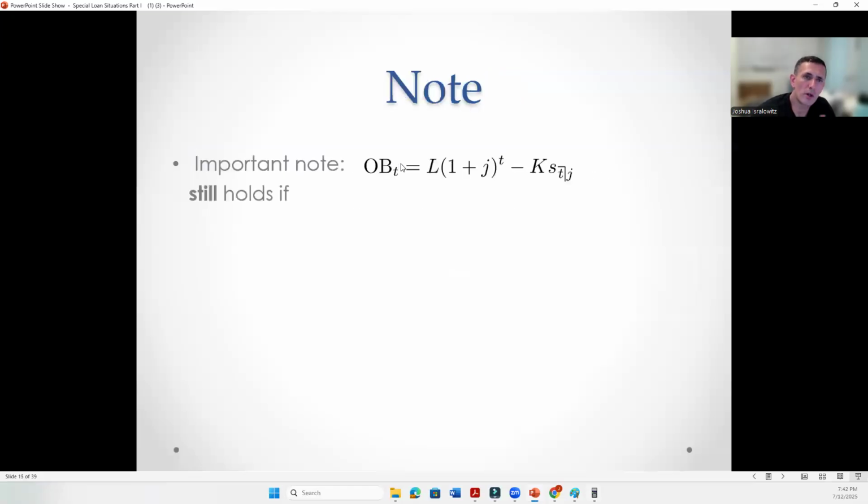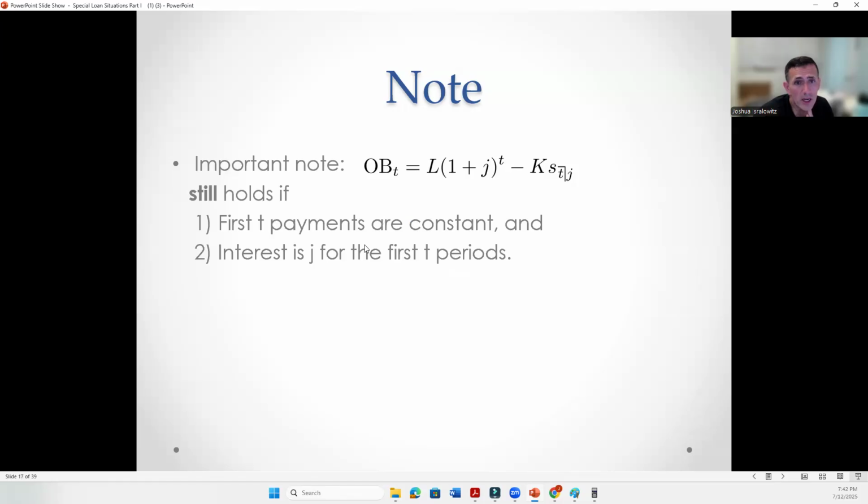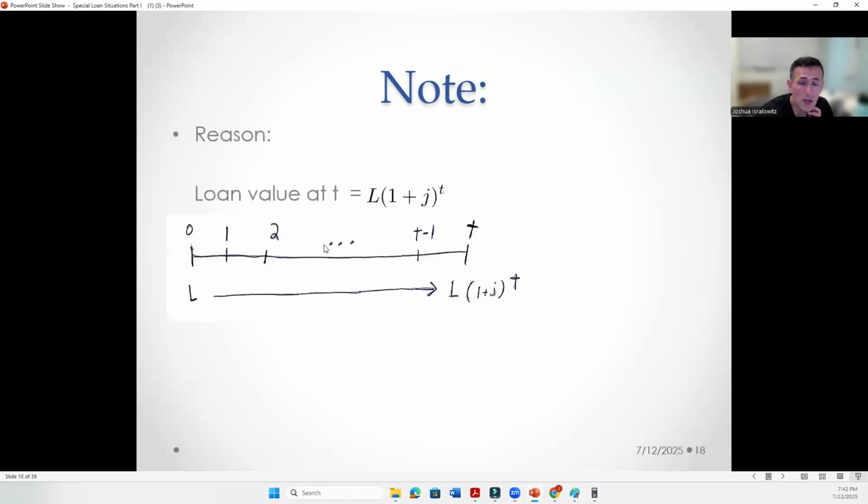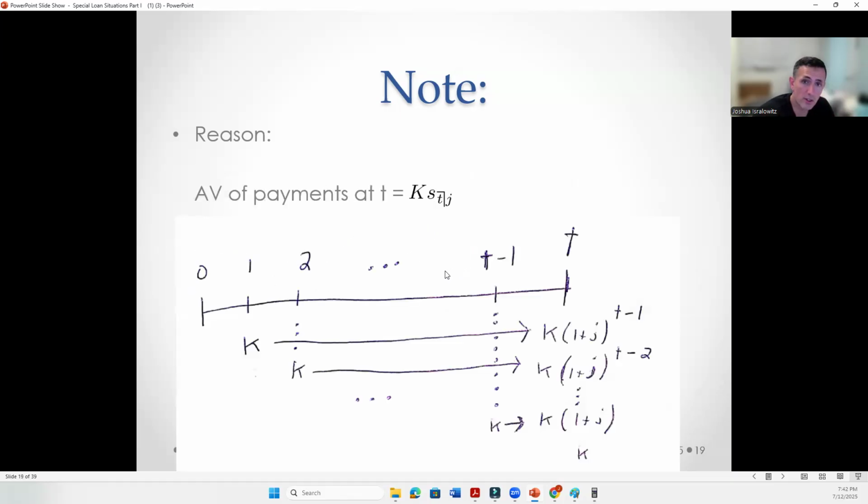Okay, so it's important to note that these formulas hold when we sometimes don't have constant payments or constant interest rates. In particular, if the first T payments are constant and interest is J for the first T periods, and the reason is just the logic that we employed before still holds.